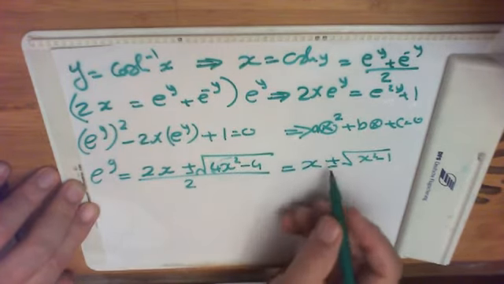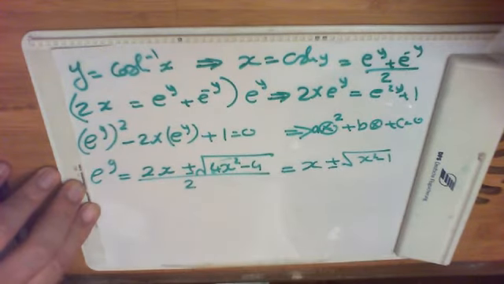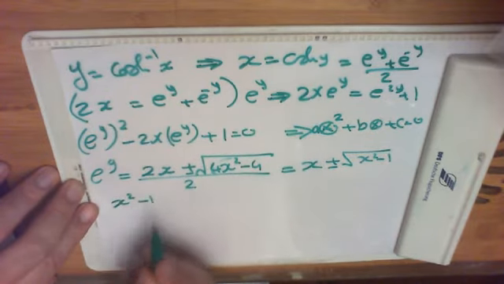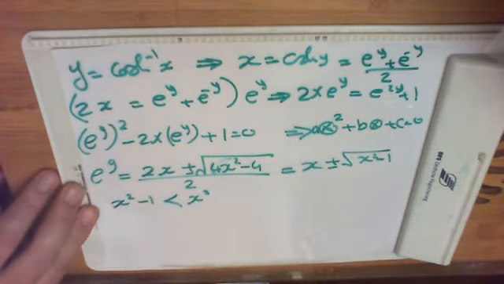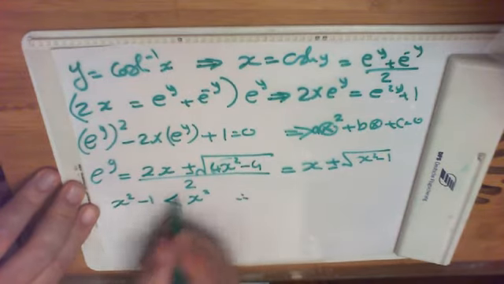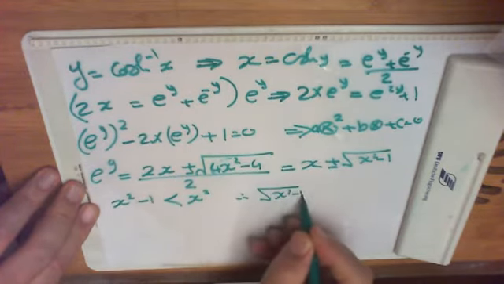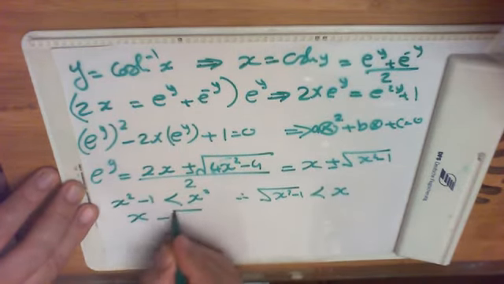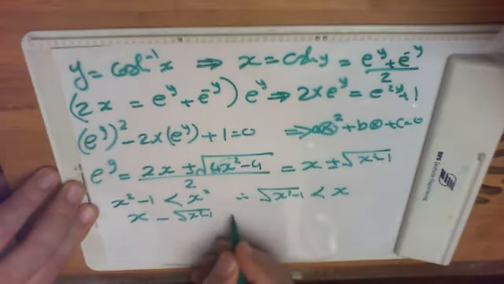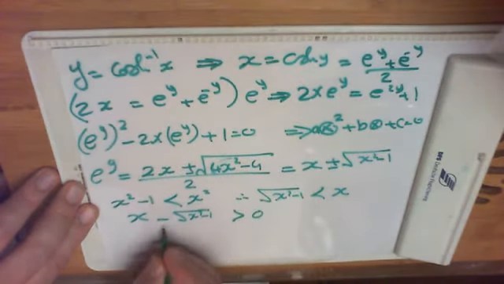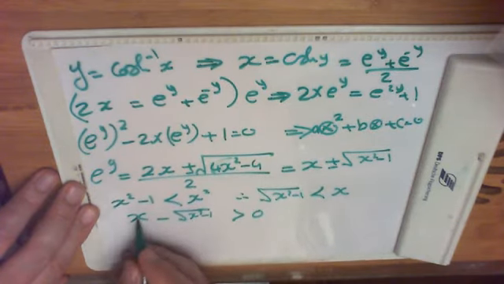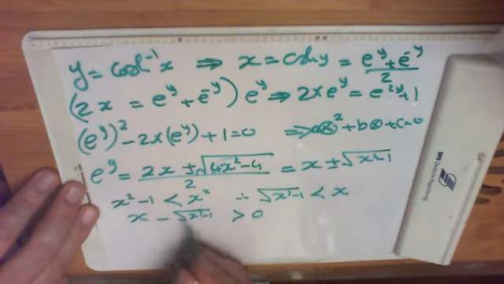In such a case, we'll accept both positive and negative sides. Why? Because x squared minus 1 is less than x squared. Right? So, taking the square root of both sides, root of x squared minus 1 is less than x. So, x minus root x squared minus 1 is positive, and the same if it is plus, it is positive. Since x is greater than the root, the subtraction from x of the root of x squared minus 1 would be positive.